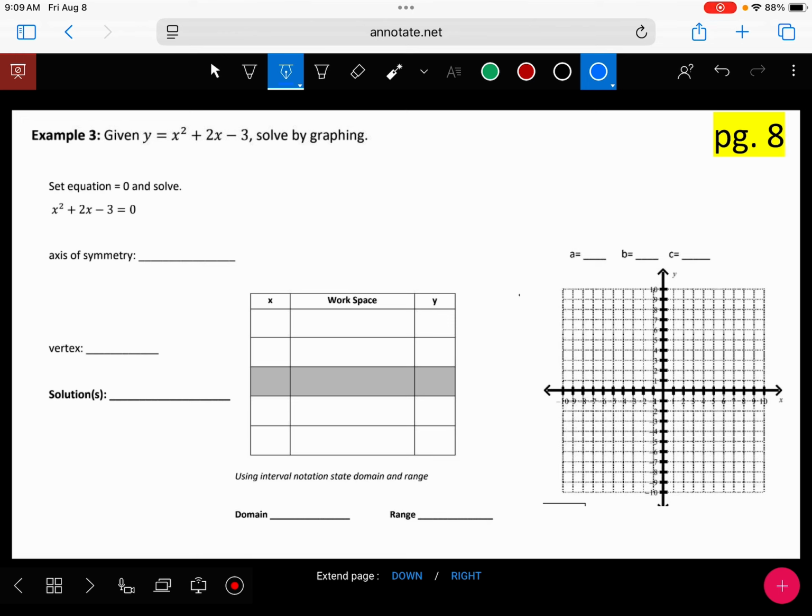Somebody tell me what A, B, and C would be for this question. 1, 2, and -3. So I'm going to go ahead and write that here.